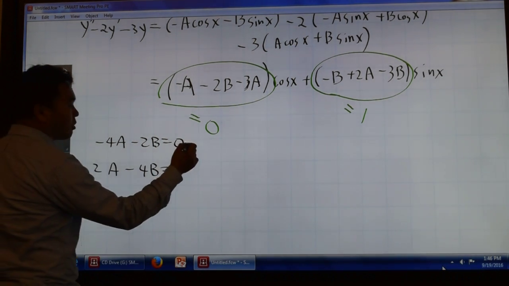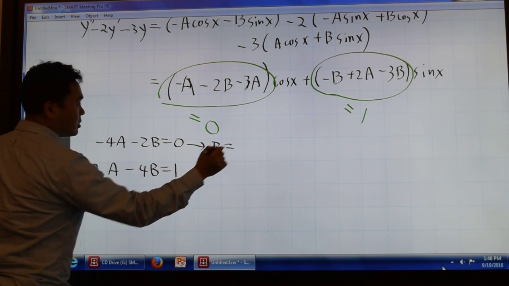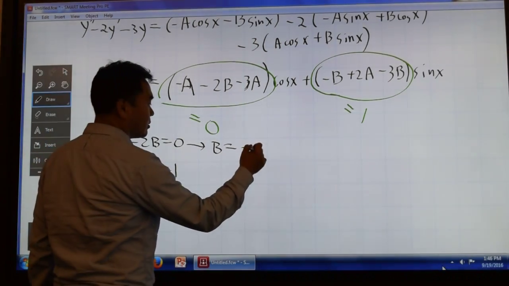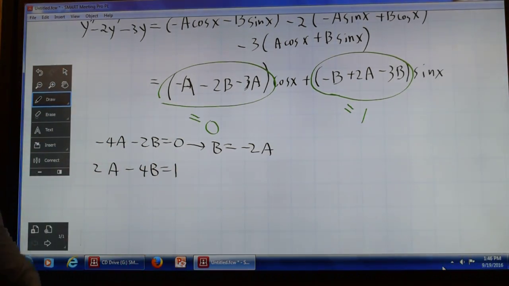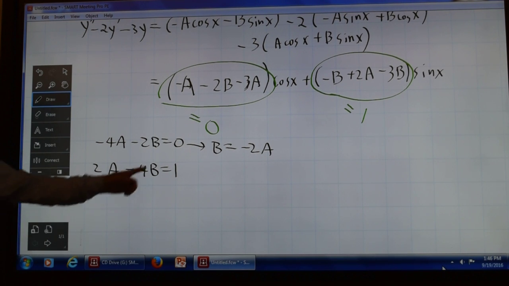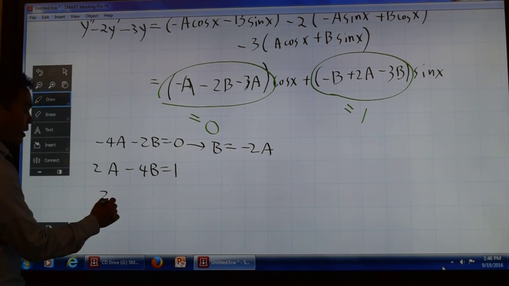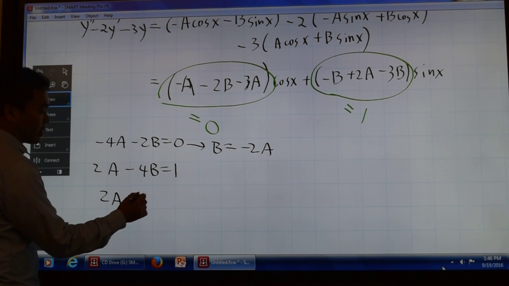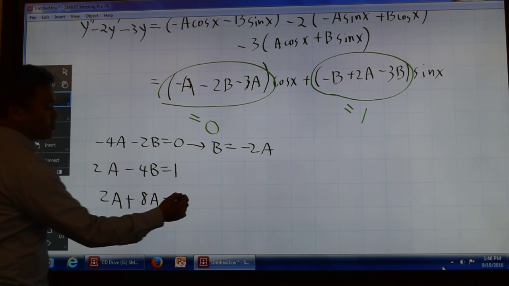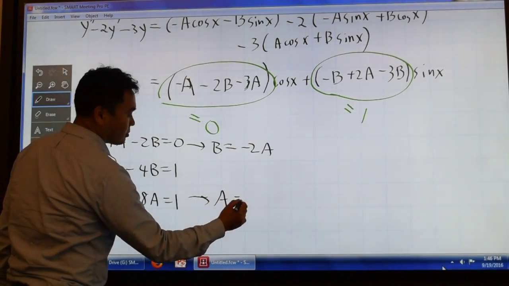Okay. If you solve this for b, you get b equals negative 2a, right? If you move this to the other side and divide by 2, you get b equals negative 2a. Plug it in here, you get 2a plus 8a equal to 1, which gives you a as 1/10.